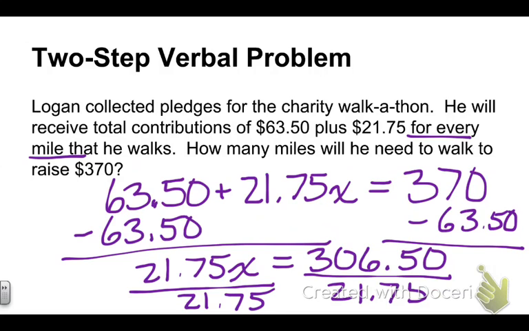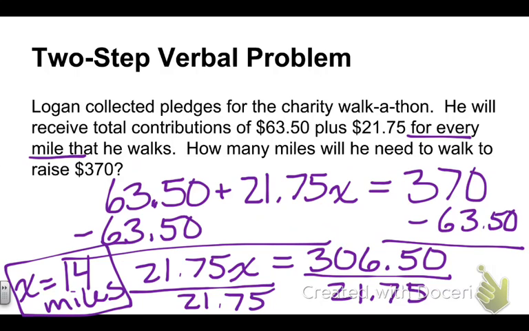I know I'm running out of room here. It doesn't give you an exact answer, but when you round it to the nearest mile, it's going to give you 14 miles, and you can plug 14 in and check it. All right, this is where you guys would use the two-step equations, these verbal problems, so we're going to be focusing a lot on that.